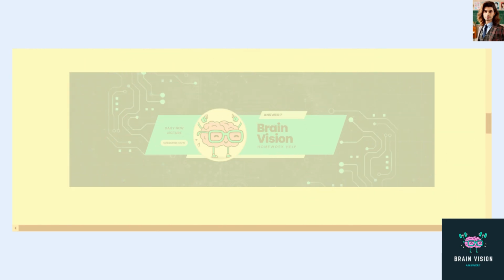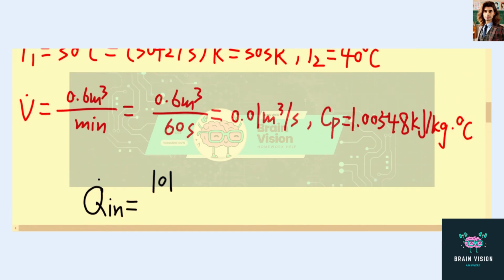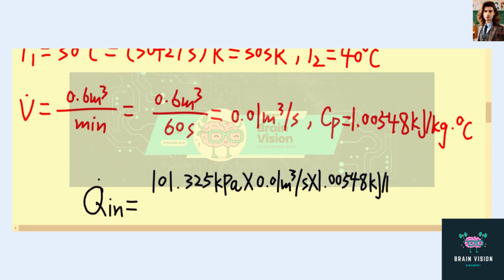So now let's plug back into the equation to determine the rate of heat transfer due to the forced air, which is equal to P1, which is 101.325 kilopascal, and then multiplied by 0.01 meter cube per second, and then times the specific heat, which is 1.00548 kilojoule per kilogram times degree Celsius, and times the change in temperature, which is 40 degrees Celsius minus 30 degrees Celsius.